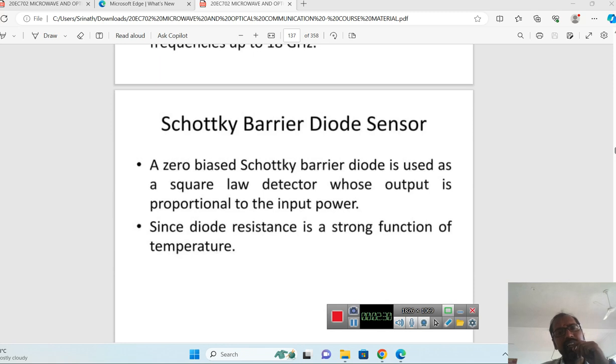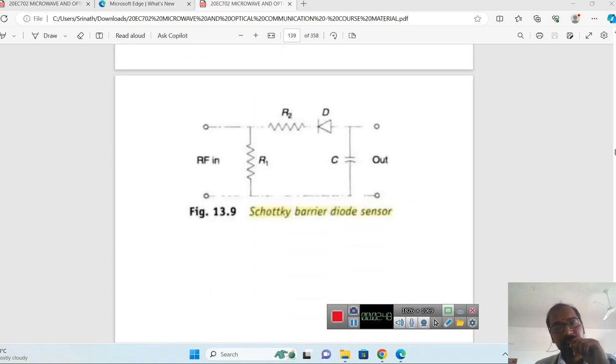As I already said, for low power we use diode sensors. Most preferably we use the Schottky diode. The Schottky diode, which is a zero bias Schottky barrier diode, is used as a square law detector whose output is proportional to the input power. This is a general diagram of the Schottky barrier diode sensor.